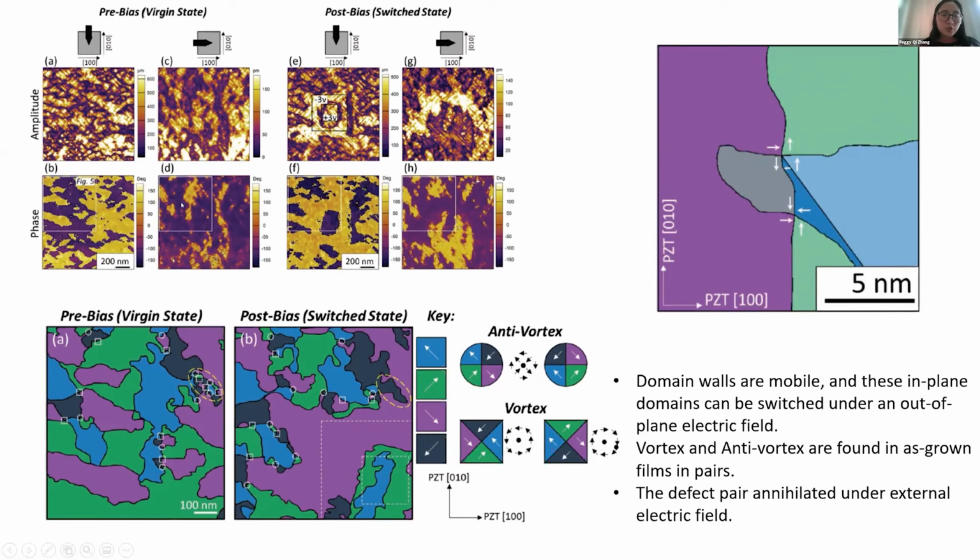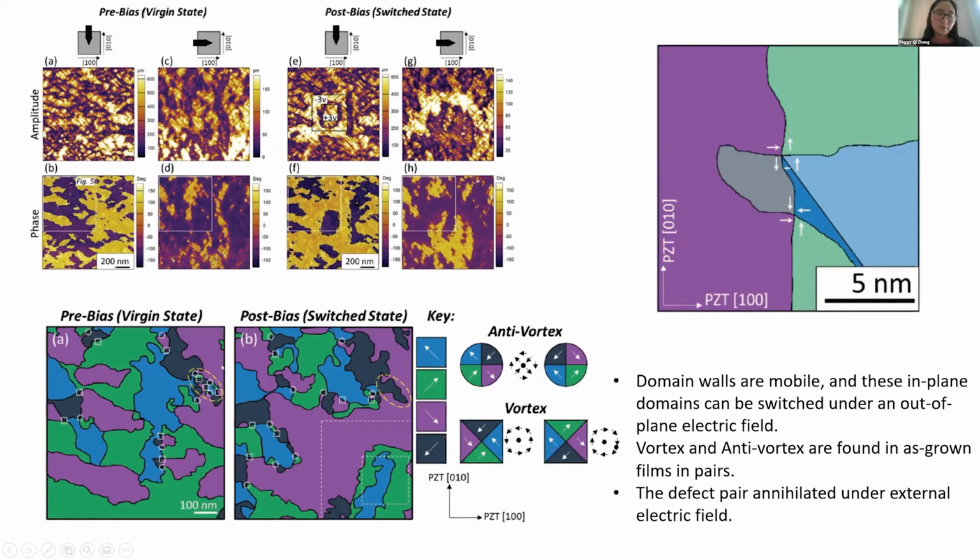In addition to the very elastic domain wall movement, we also observe tiny topological defects in the as-grown films, shown as anti-vortex and vortex structures.